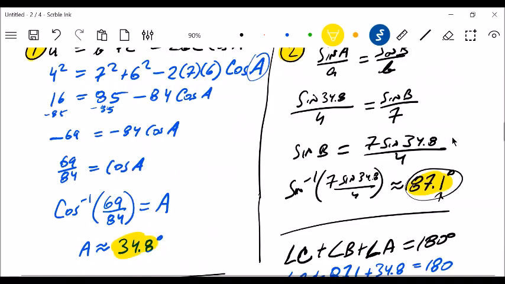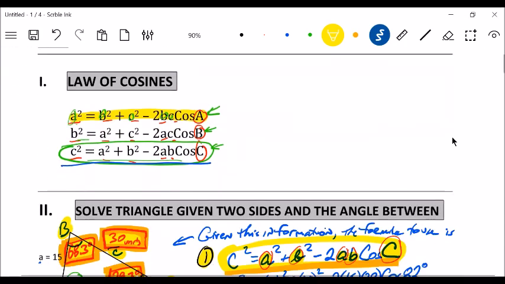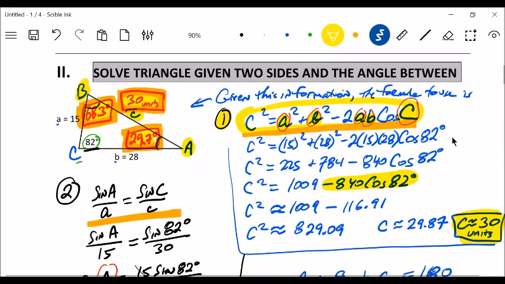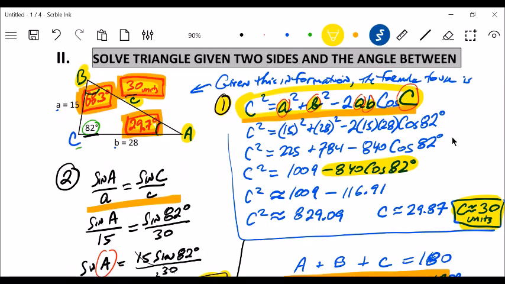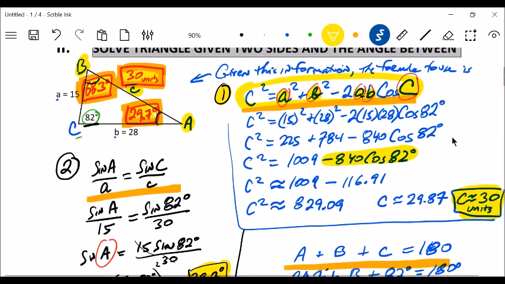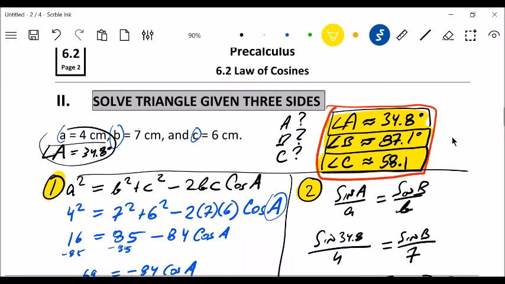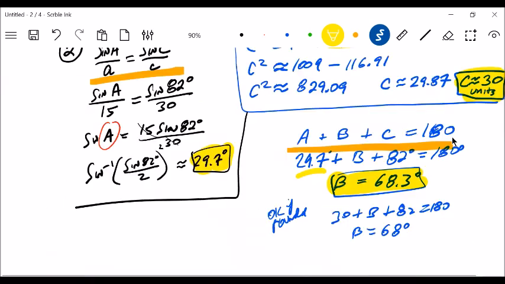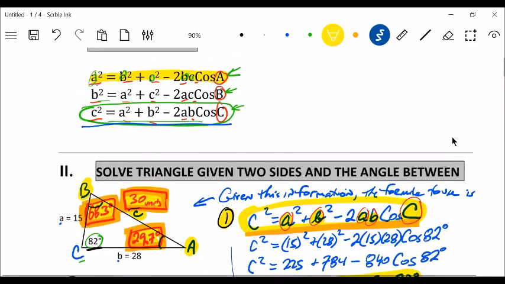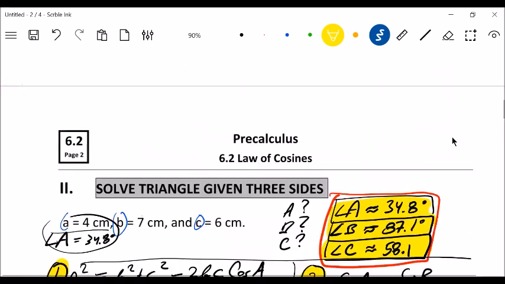So what we've looked at here was using the law of cosines if it fit where we had an angle and the sides that were not with the angle or opposite of it. And then we would solve triangles. That was the first one. We had the angle and the lengths of both sides.